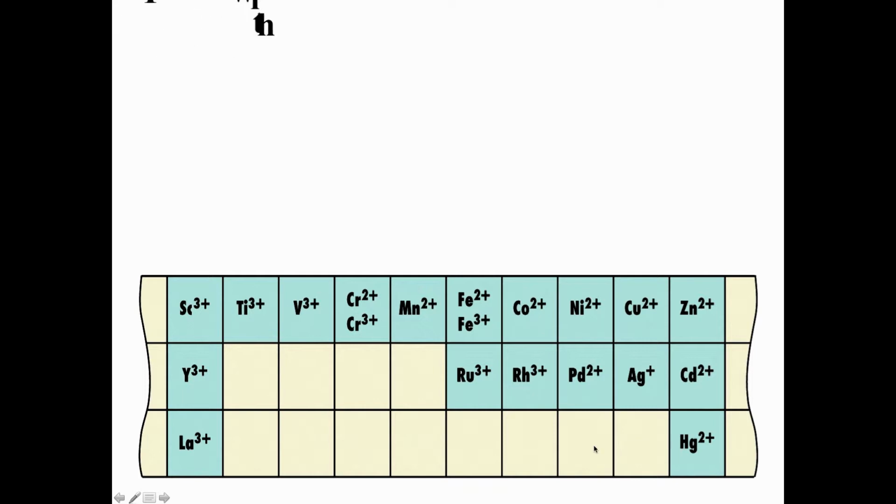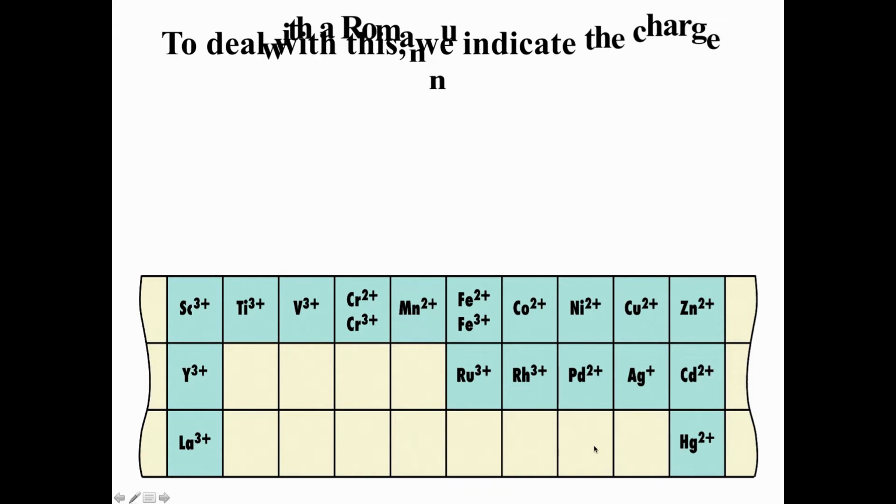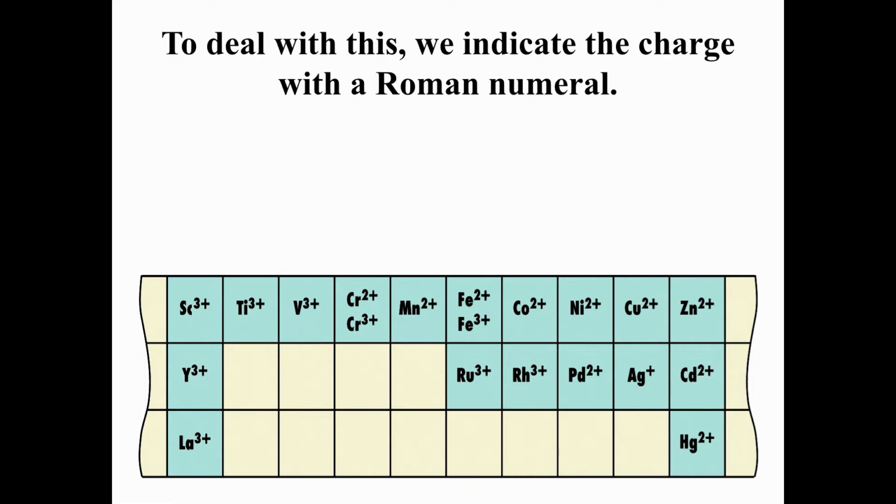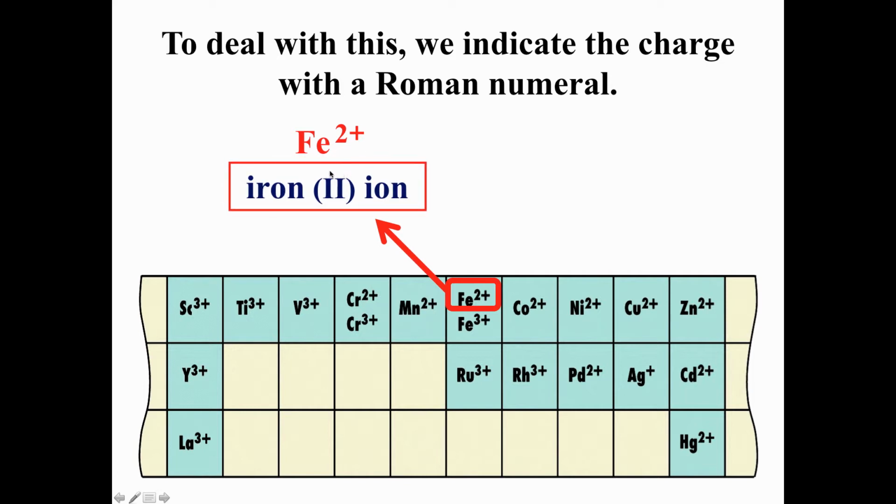How do we deal with this? Well, the way we deal with this is by using a Roman numeral to indicate the charge. So for example, to distinguish the iron 2+ ion from the iron 3+ ion, we write Fe2+ as the ionic symbol, and for the name we write iron for Fe and then a Roman numeral 2 to indicate a +2 charge.